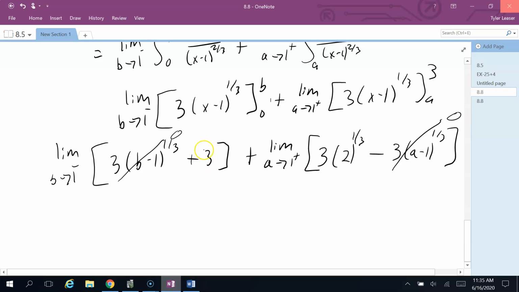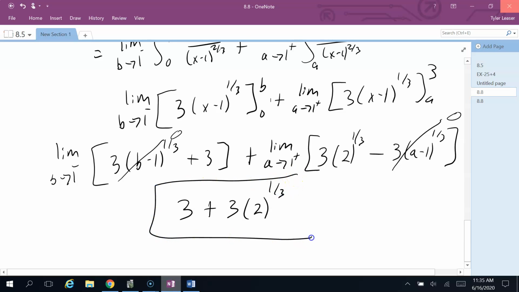So for here, I'm just going to get that constant 3, plus that constant 3 times 2 to the 1/3 power. And that's it. That is a number, and because it is a number, that means that my integral converges. And it converges to this.